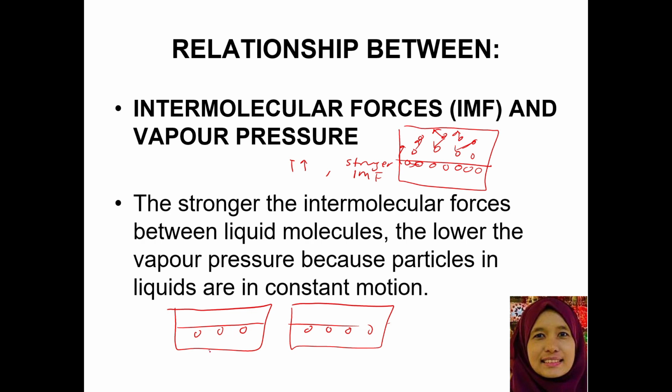Untuk A, yang ini hydrogen bonding. Untuk B dia ialah London force. So kita tahu London force weaker compared to hydrogen bonding. So contohlah this B liquid at 70 degree Celsius dia dah boil. So maksudnya pada 70 degree Celsius mostly dah bertukar jadi gas. Tapi untuk A, boiling pointnya ialah 100. So pada 70 degree Celsius tak ada lagi yang bertukar jadi gas.